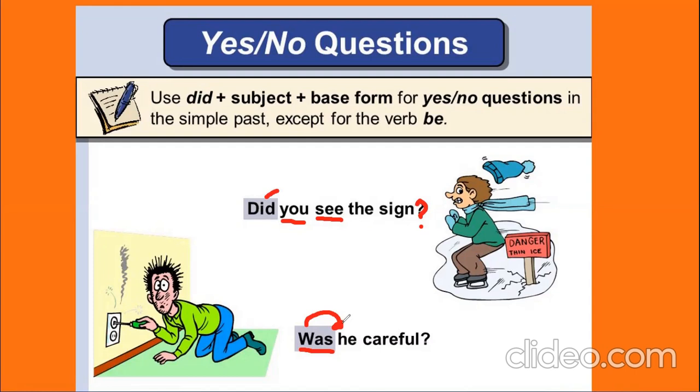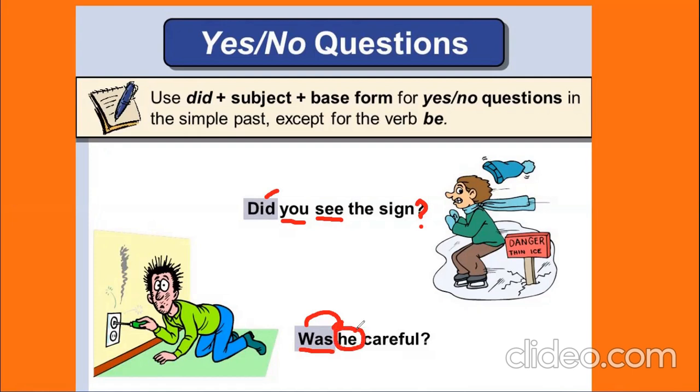No, teacher. Okay, try to pay attention. We have was and were. That's the past of verb be. Okay, look at the pronoun here. What is this?